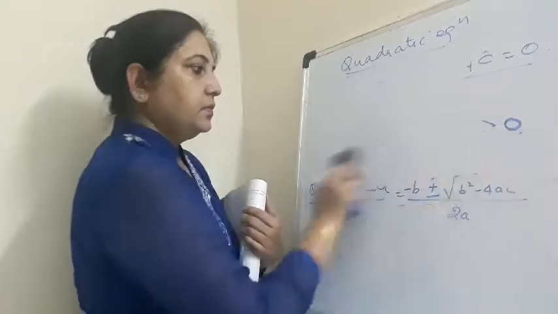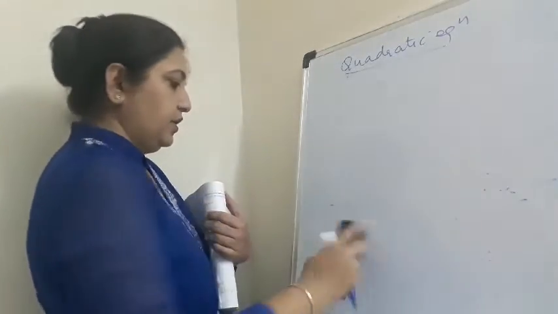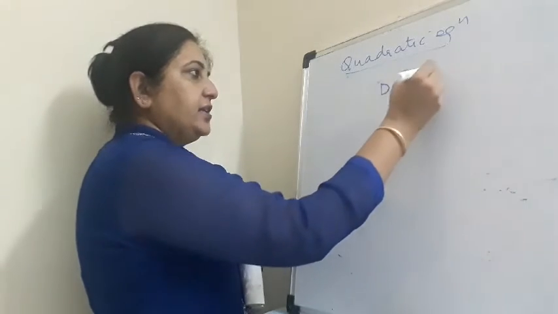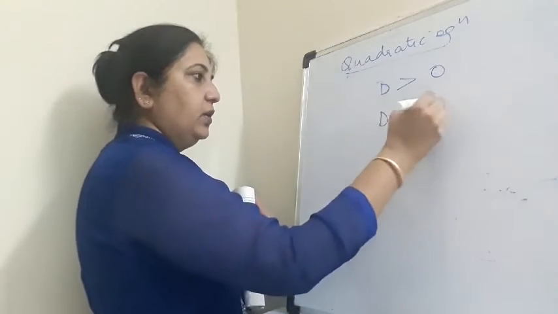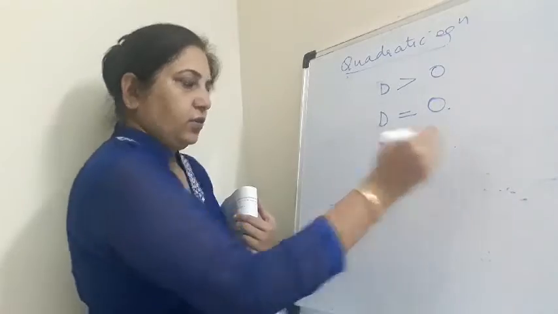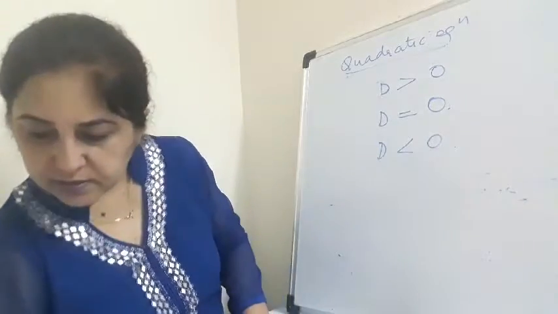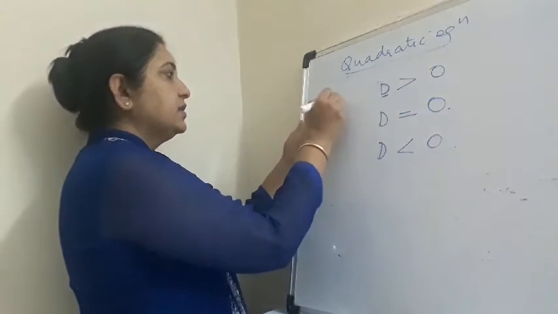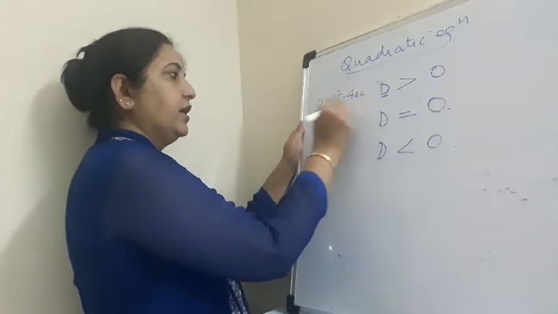So remember 3 points. Write these 3 points in your notebook: if D is greater than 0, D is equal to 0, and D is less than 0. Now what is D? D is the discriminant, and its value is b² − 4ac.